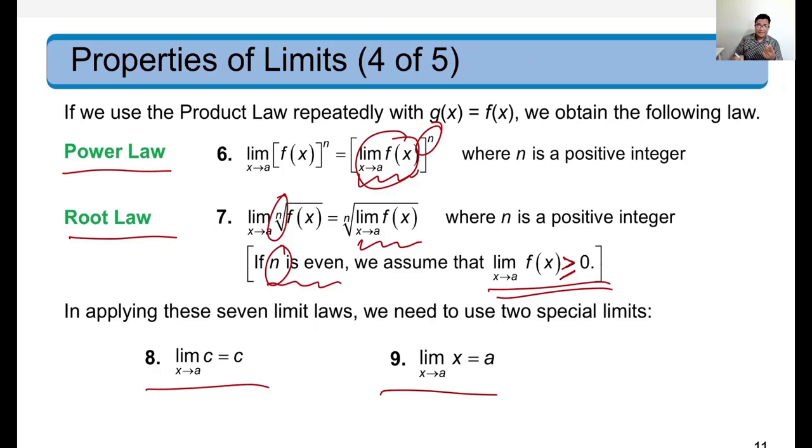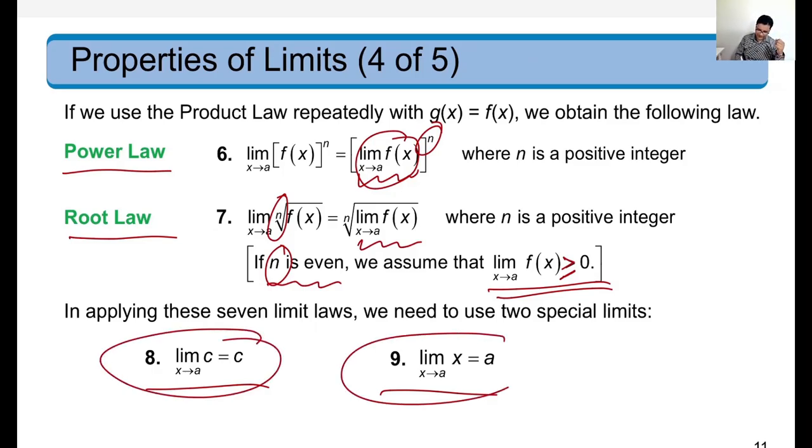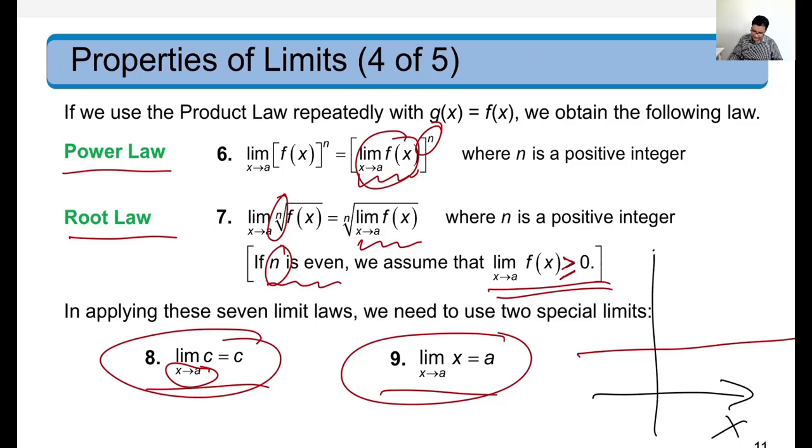Okay. Finally, these two are again super important. Okay. If you just have a constant, there is no x, then it doesn't matter where you take the limit. Its value is the same constant. Okay, that's like your constant function. If you think about it, you have your x-axis and y-axis, and you have a constant function.